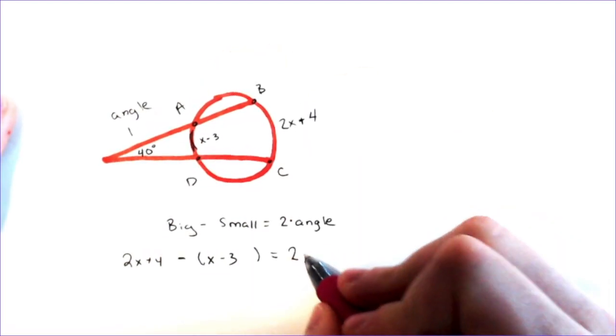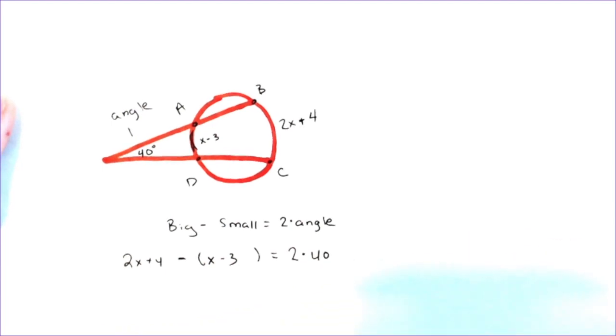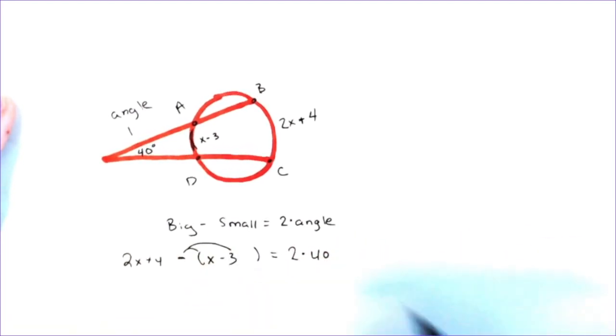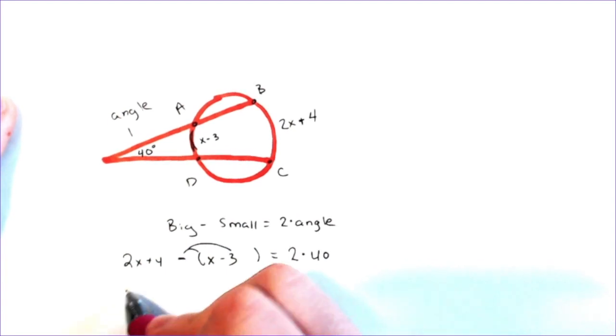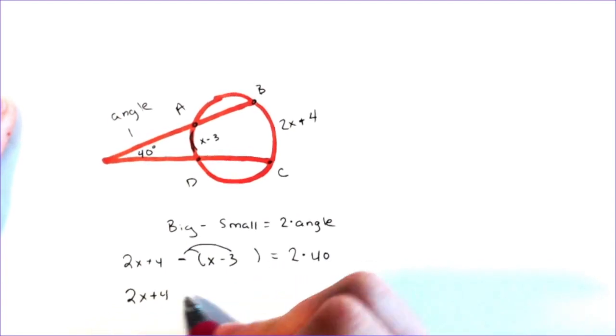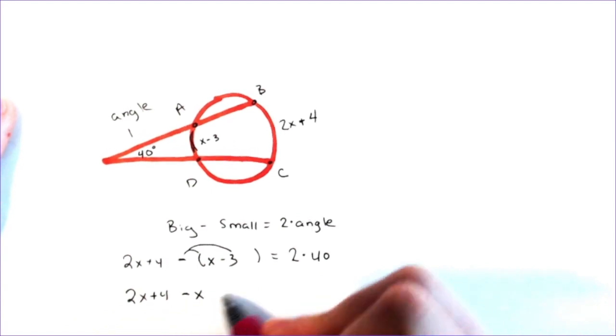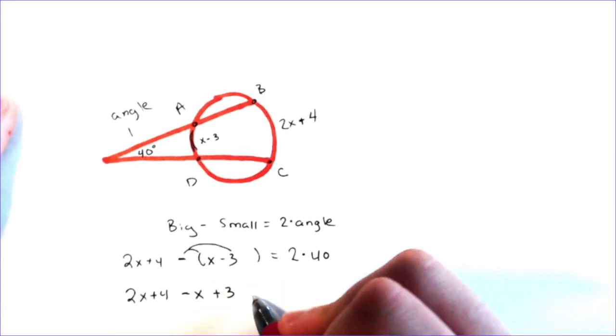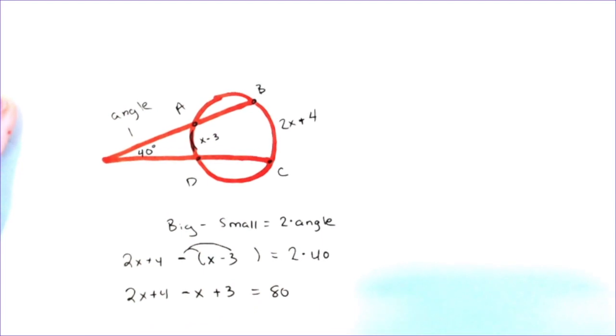So 2 times 40 goes right there. We have to distribute the negative to make this 2x plus 4 minus x plus 3, changing the signs, and that would equal 80. 2 times 40 makes 80.